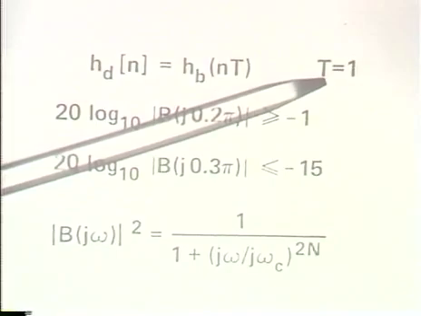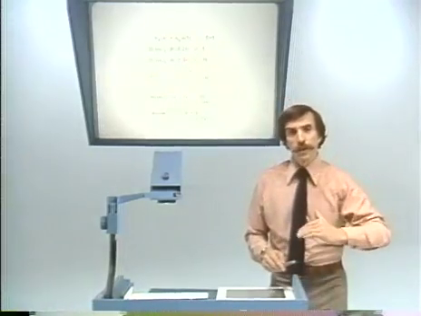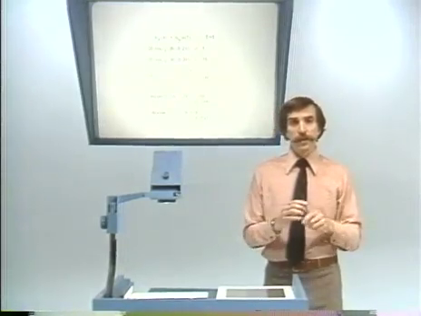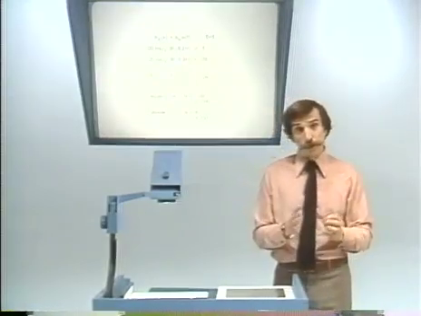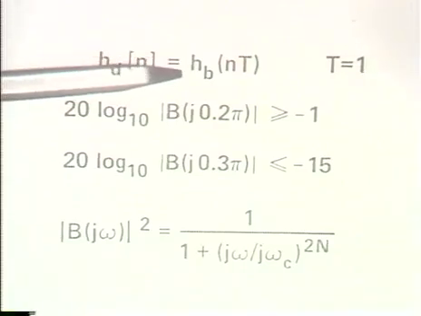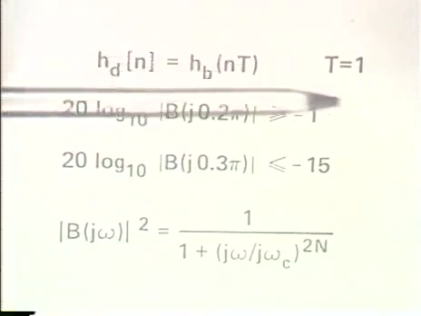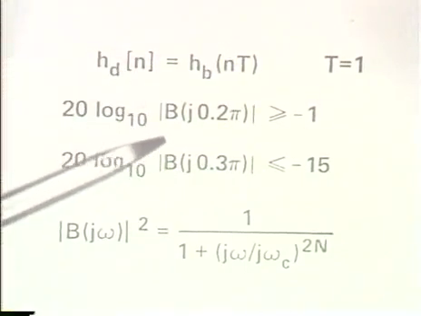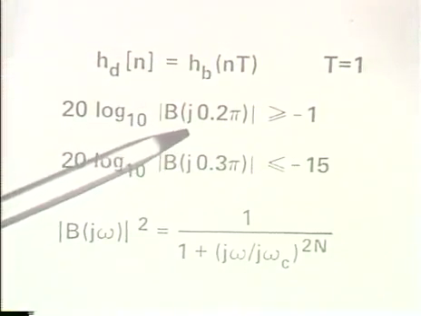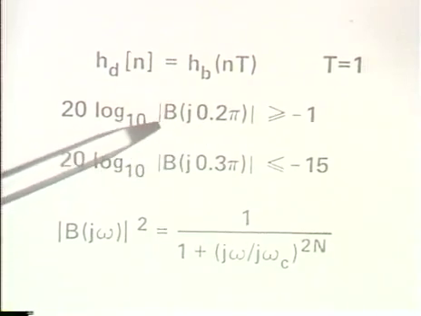That means that the frequency normalization between the discrete time frequency axis and the continuous time frequency axis is such that those axes are scaled identically because capital T is equal to 1. And so now we want the analog or continuous time specifications. And so what we need to do then is design a Butterworth filter. I'm using capital B here again to denote the frequency response of the Butterworth filter.